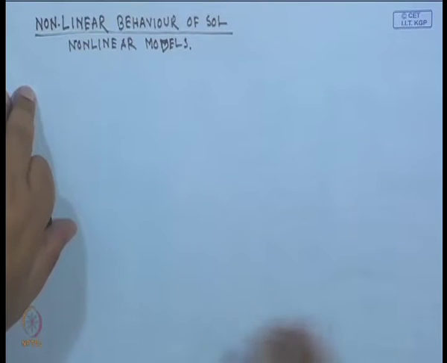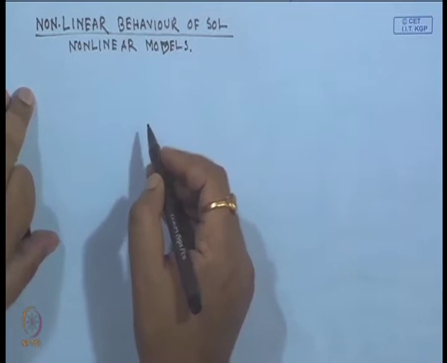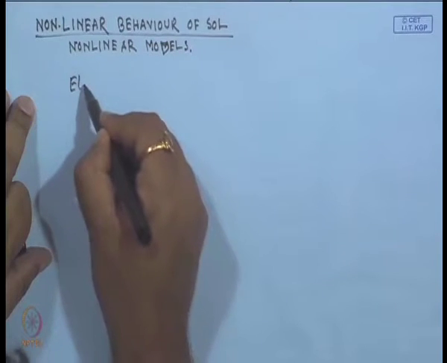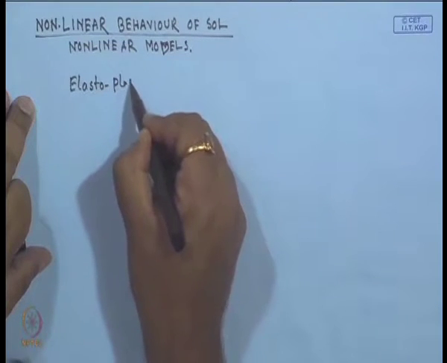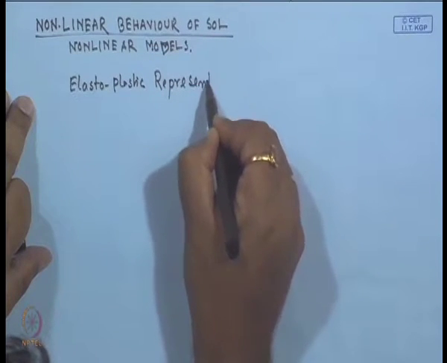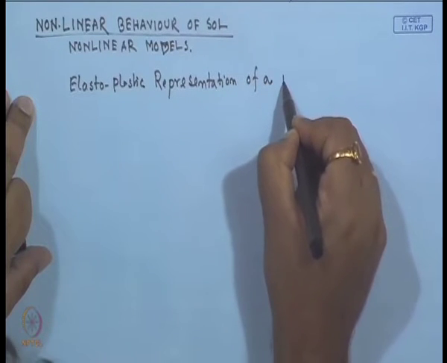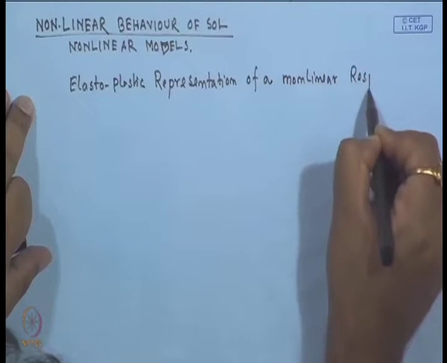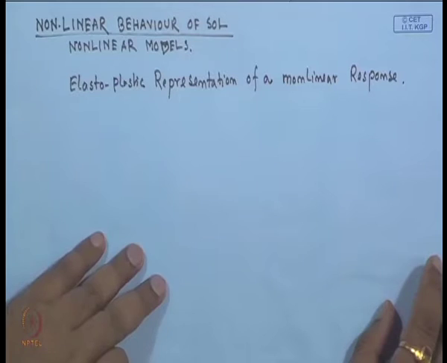Now, the first model that we will use for the nonlinear part is the elastic plastic representation of the soil. So, that is elastic plastic representation of a nonlinear response.